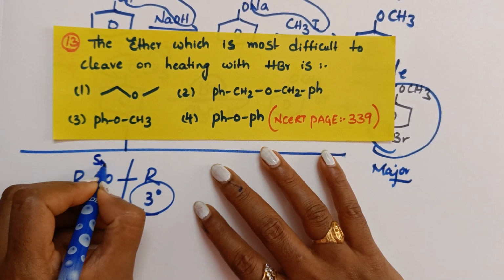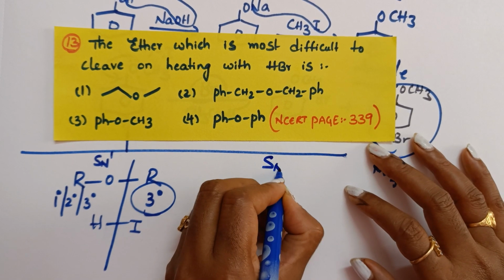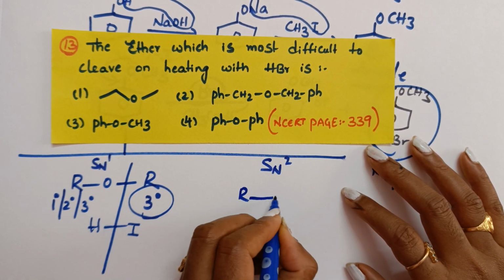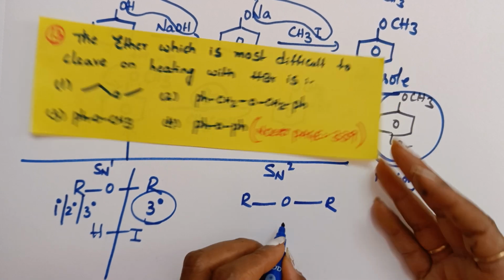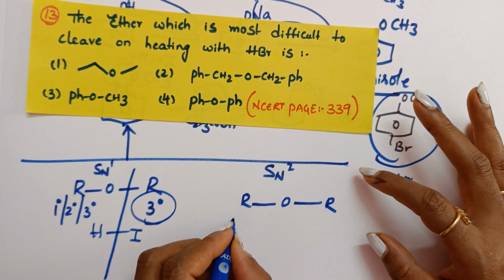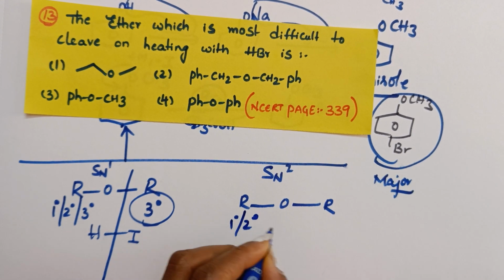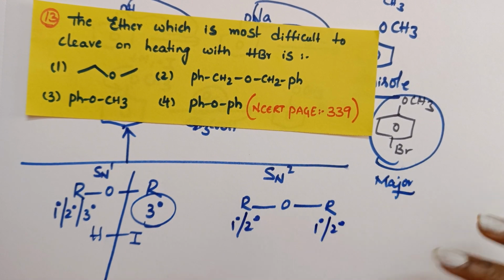This is SN1. SN2, a little speed I am telling you, because it is like a revision series I am doing. Out of ROR, these two alkyl groups, tertiary should not be there, primary or secondary only.